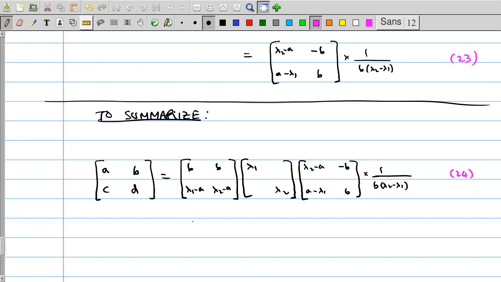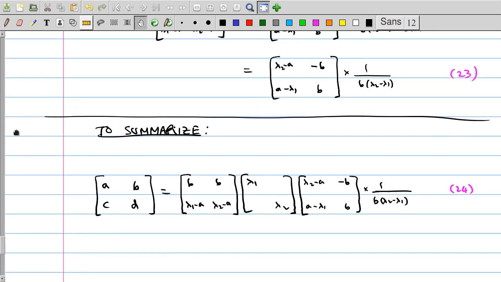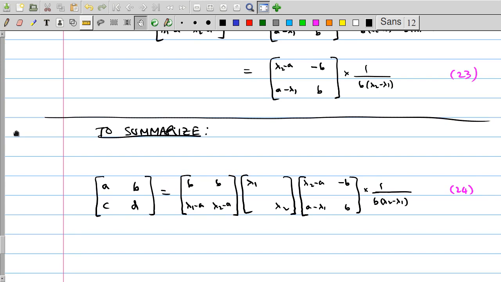where I don't like this. What happens when B is equal to 0, for example? Then you get 1 over 0. No, so basically you realize that this B cancels out these B's.